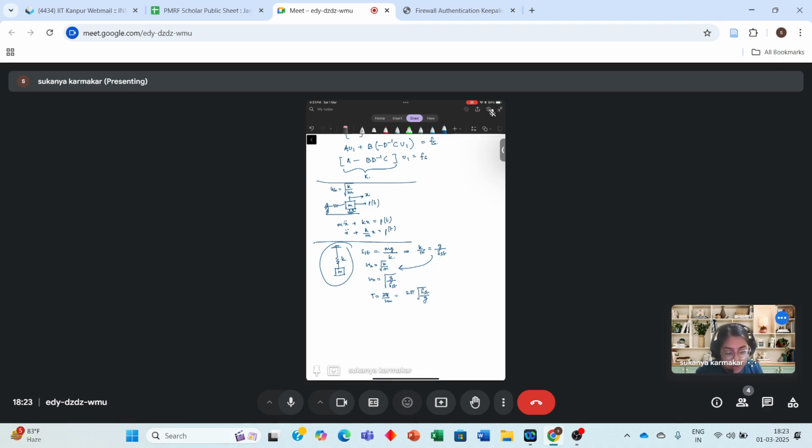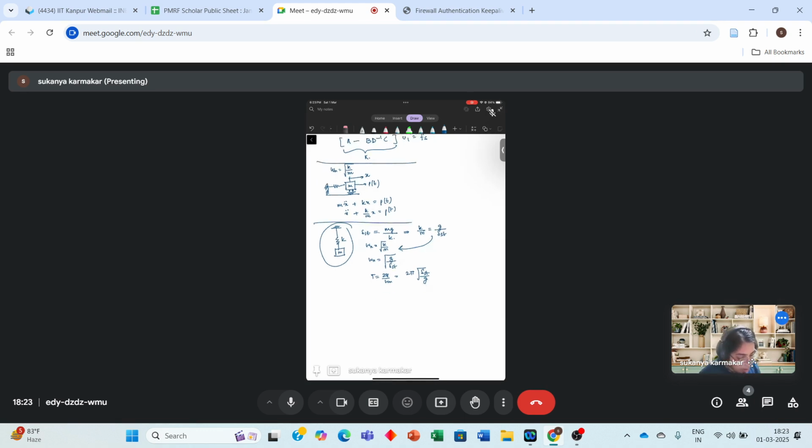So one of your next questions was how is the formula for amplitude in the case of undamped free vibration derived? Let's first write down the expression for undamped free vibration. You have an equation like this, and we try to write the solution for it.